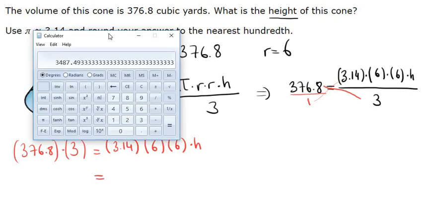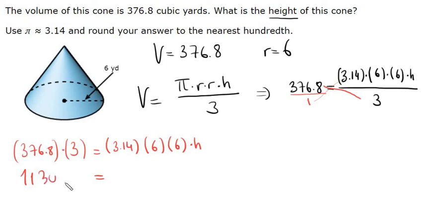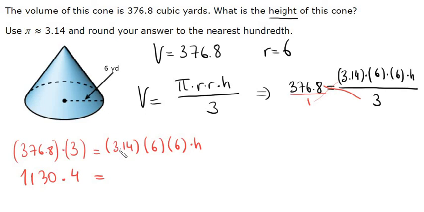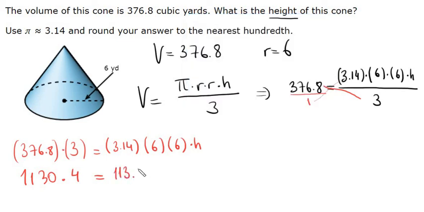Alright, so 376.8 times 3 is going to give us 1130.4, and let's multiply 3.14 by 6 and multiply by 6 again. We're going to get 113.04. And also we have times h, right?